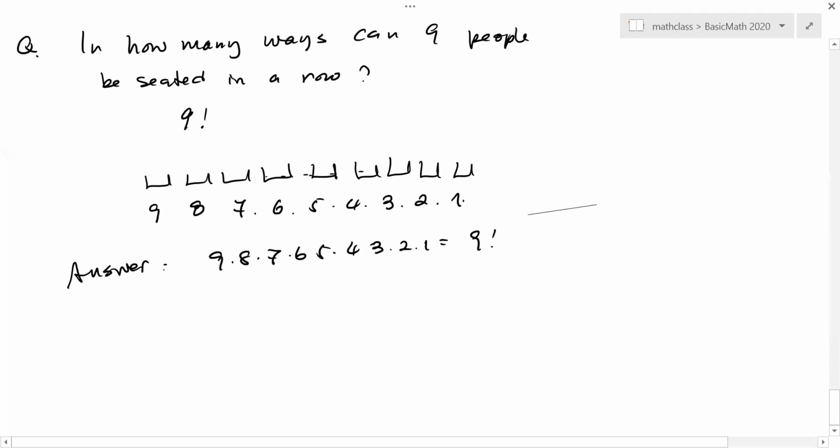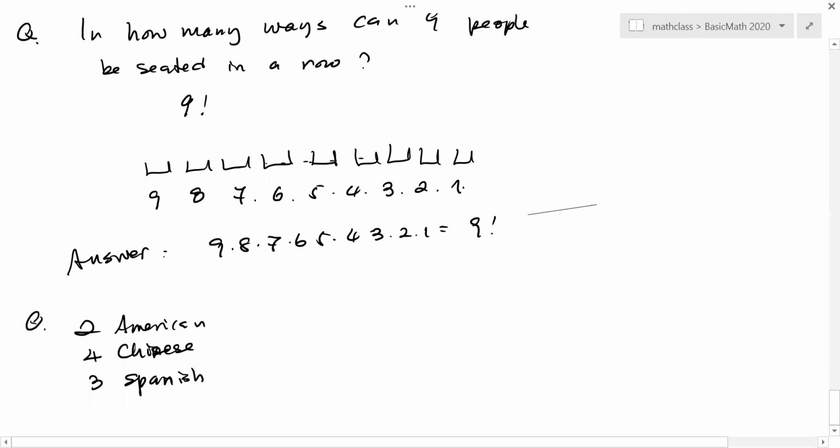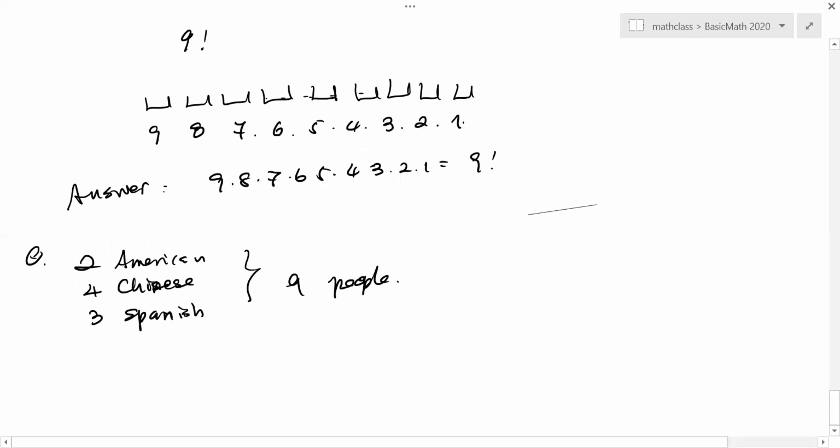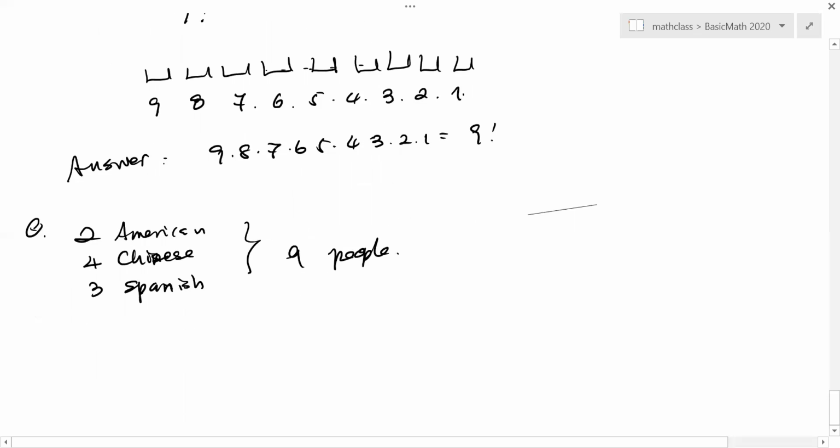Now I modify the problem. We have 2 Americans, 4 Chinese, and also 3 Spanish. In total we have 9 people. Now this time I do it differently.